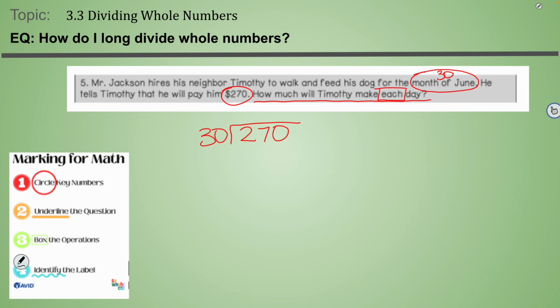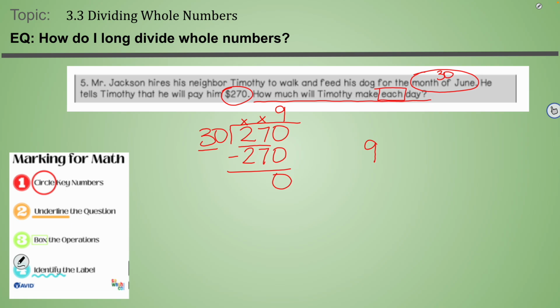And when you do that, 30 does not go into 2, it does not go into 27, but it does go into 270 9 times. And this is the perfect example of what I was talking about before, where you take 3 and figure out how many times it goes into 27. It works perfectly. So I end up subtracting and get no remainder, which means I think it should be 9, but I need a label.